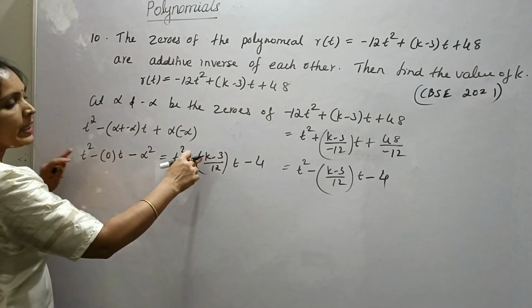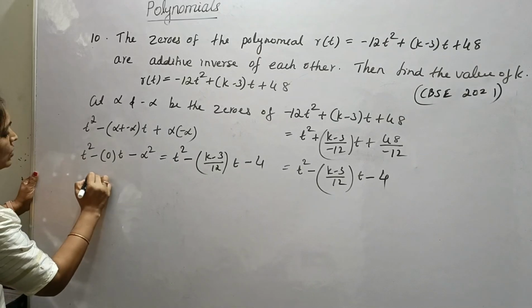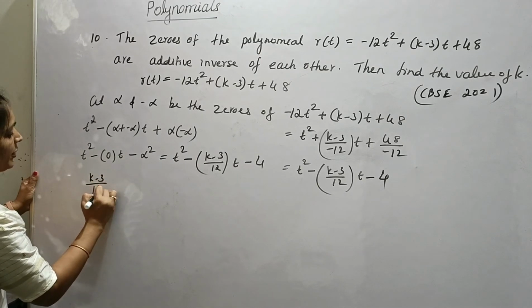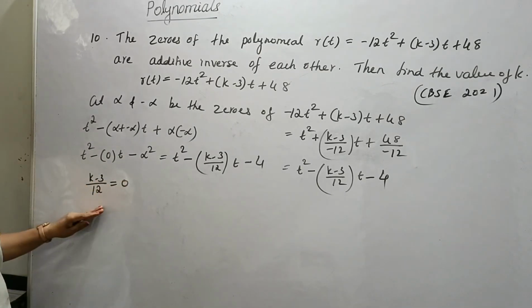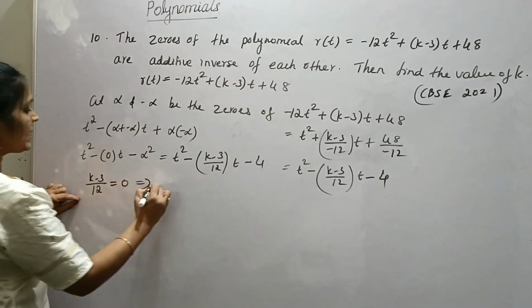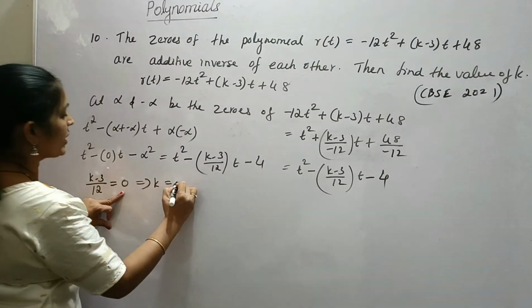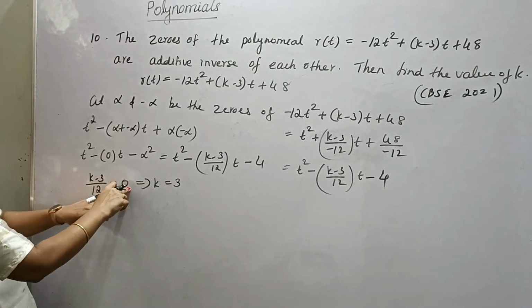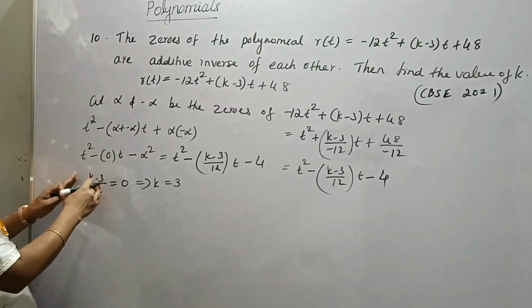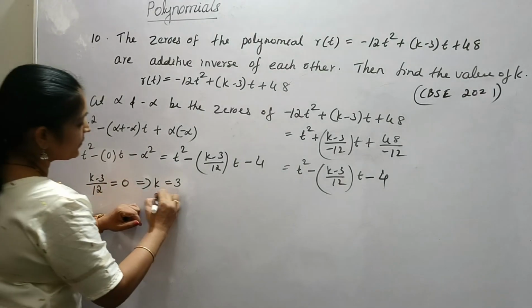Coefficient of t, k minus 3 by 12. So k minus 3 divided by 12 is equal to 0. That implies, take this 12 here, it will become 0. So k minus 3 is equal to 0, k is equal to 3.